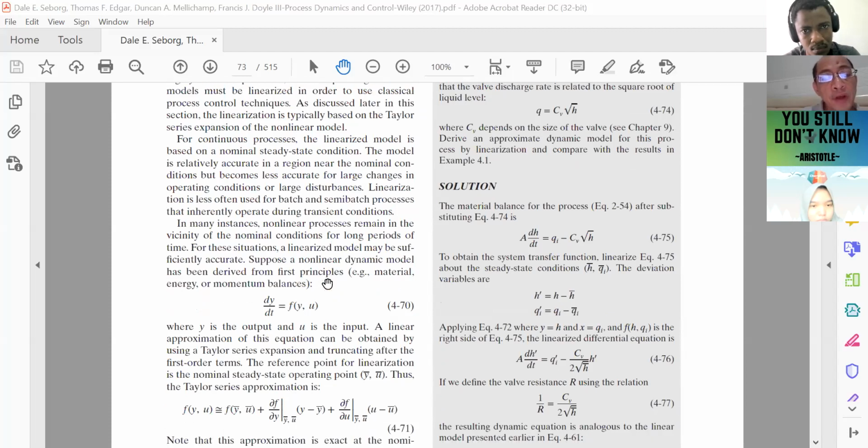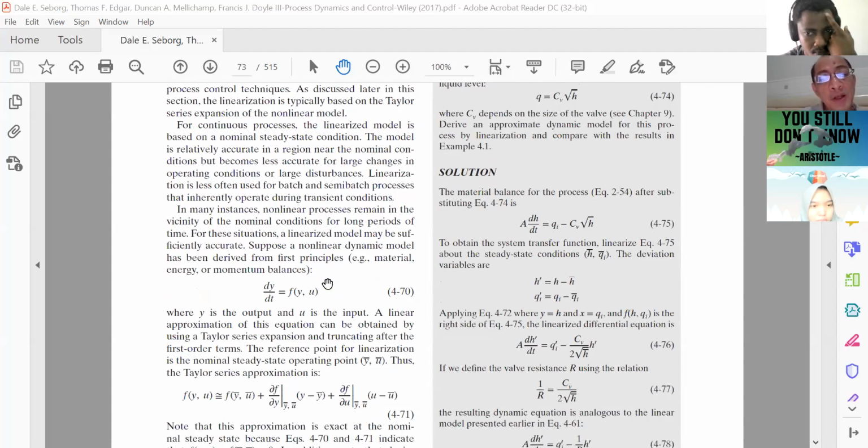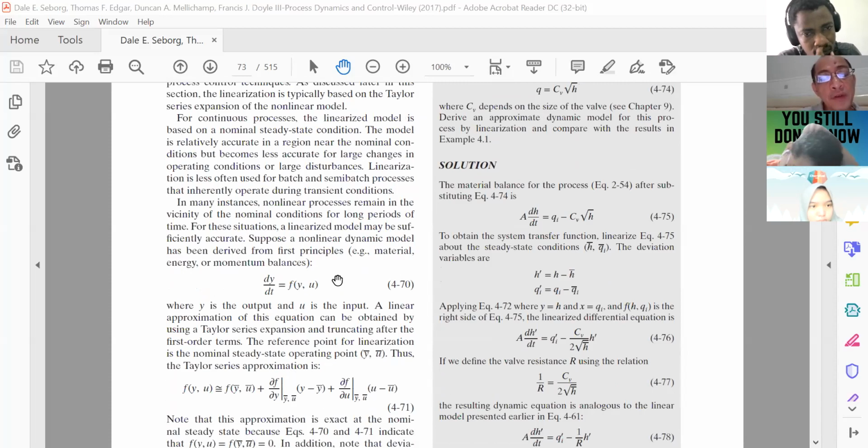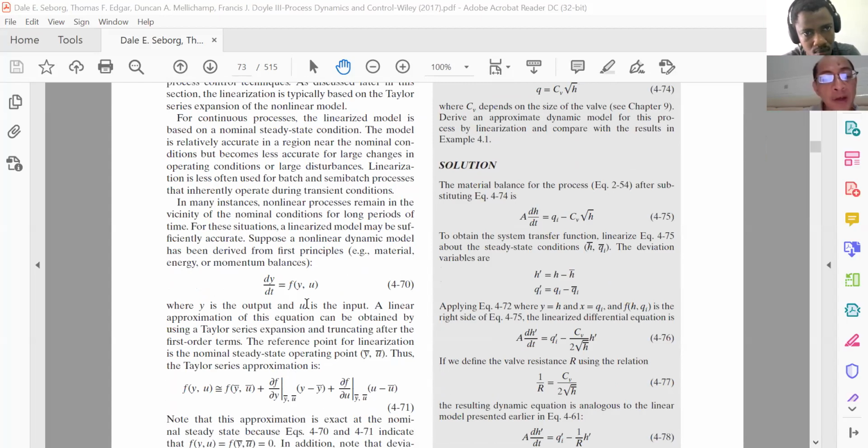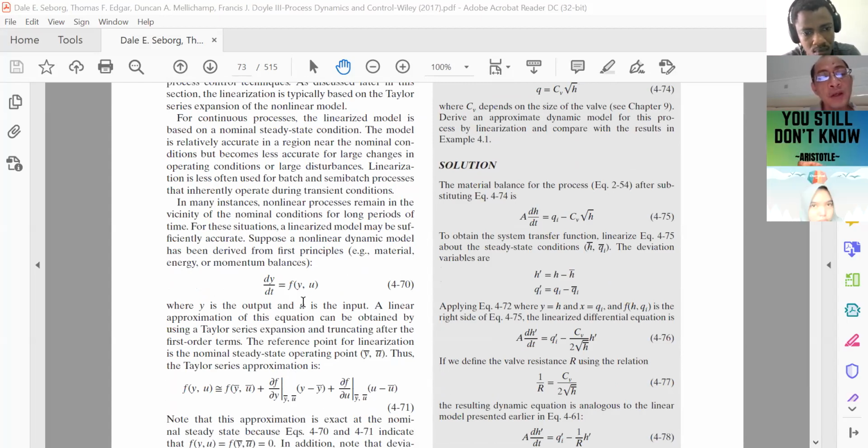So if we want to use Laplace transform, then we will have to linearize this. Suppose dy/dt is a function of y and u. What we have to do is to linearize this function first.